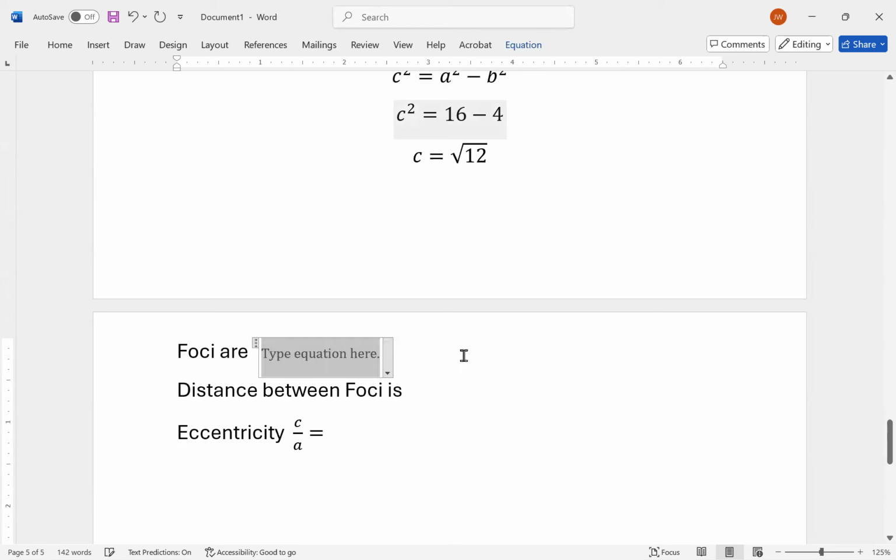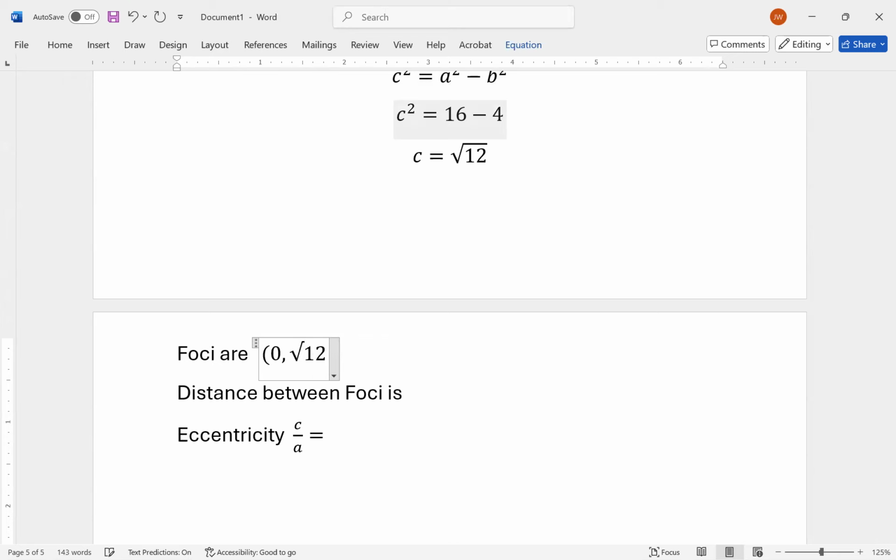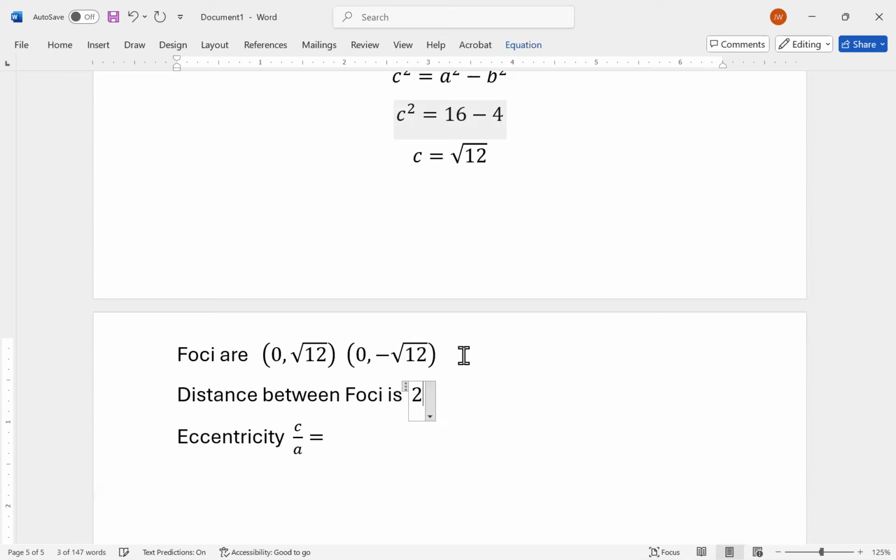Therefore, the foci are at the point 0, square root of 12, and the other focus is at the point 0, negative square root of 12. Distance between the two foci is 2 times the square root of 12. Again, square root of 12 can be simplified, but not into a whole number. You'd have to rewrite it as 2 times root 3.